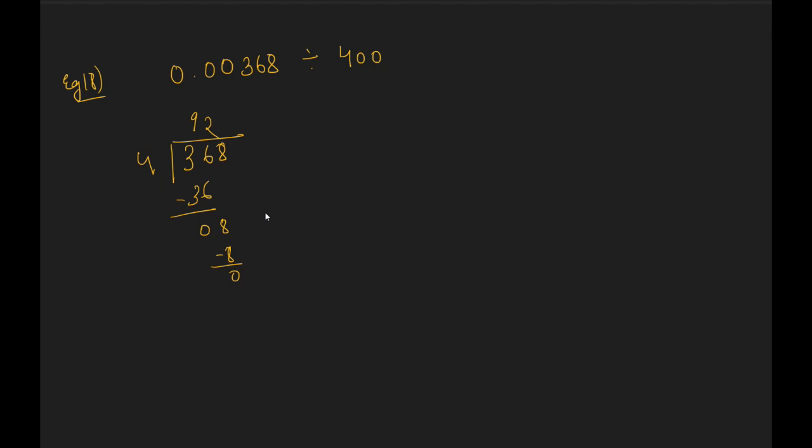And here this was 0.00368, which was divided by 400. Okay. So there are two ways by which we can do this. If you remove this decimal sign, then how many zeros will we get in the denominator? 1 2 3 4 5, 5 zeros in the denominator.